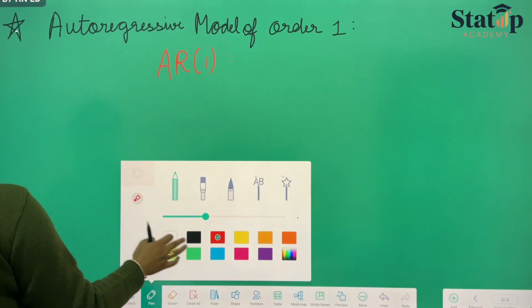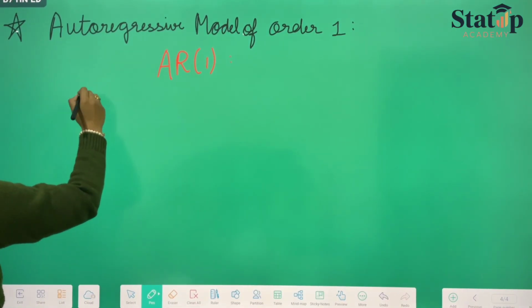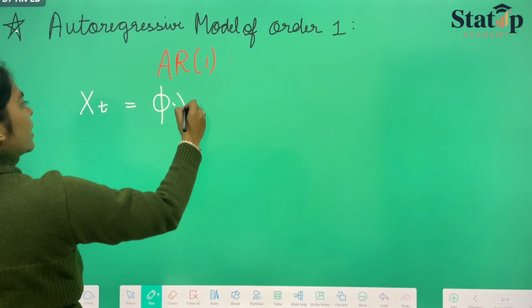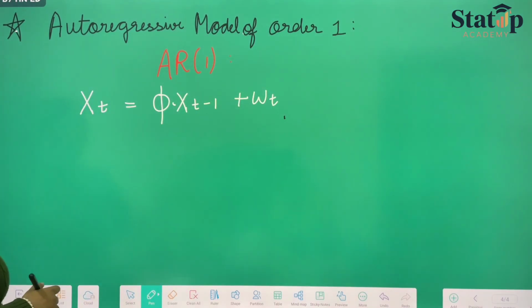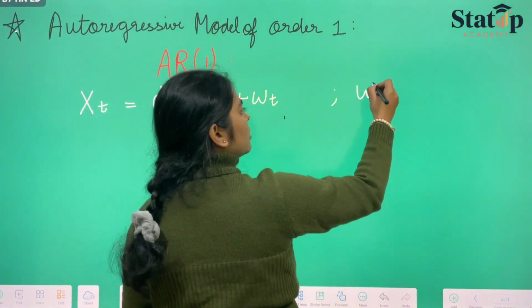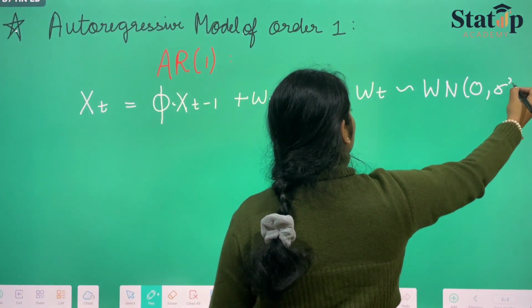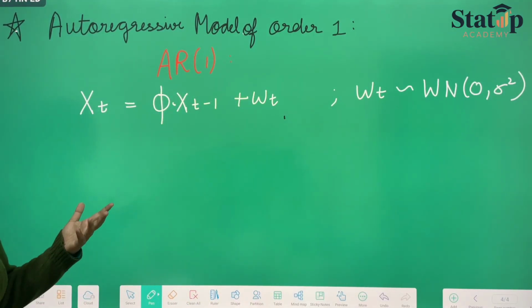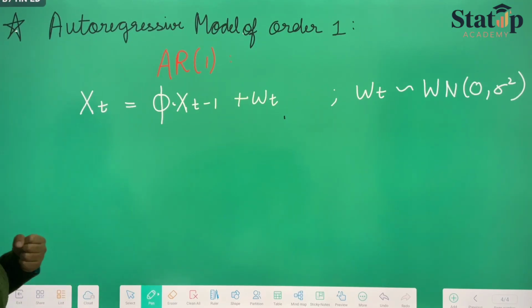The AR1 model can be stated as xt is equal to phi x t minus 1 plus wt, where wt is again our white noise with 0 mean and sigma square variance. So this is the auto-regressive model of order 1, where the time series data only depends on the one previous value, and phi is any constant which is related to that value.